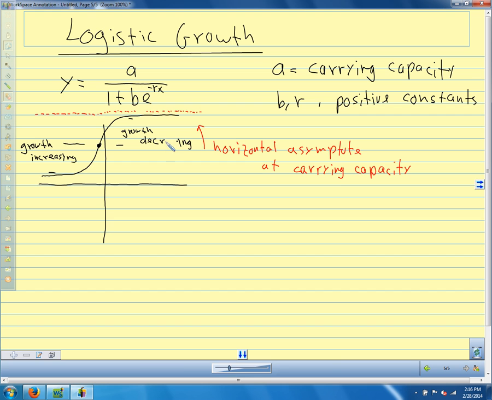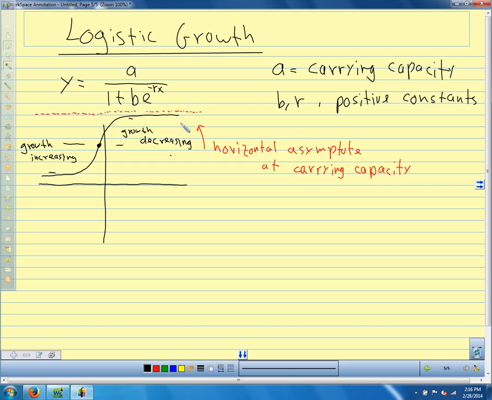So initially, with logistic growth, the population is growing faster and faster. It hits some point and then it slows down, and eventually it's going to level out. So logistic growth is always going to look like this. And that's where we have growth, but with some limiting factors.